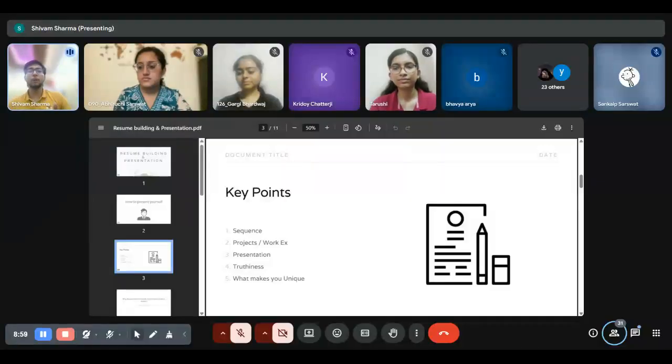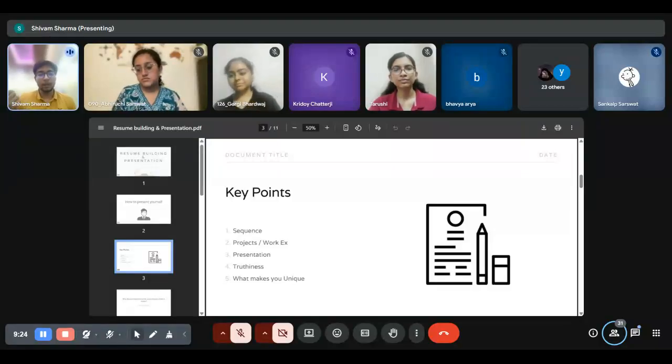You have a number of skills by which you create a project. A project is a real life problem that you solve, right? So that's why I emphasize the most on this project and work experience section, and I would rate this to be on the top, just after the education. You should always put this. What the exact sequence should look like, we will talk in the next slides.